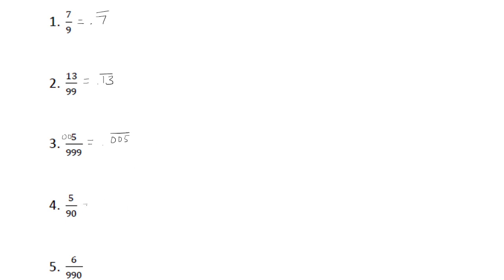For 4, we have a 90 instead of a 9 at the bottom. So first on the side here, we know 5/9 will be 0.5 repeating. But how do we go from 5/9 to 5 over 90? Well, we have to multiply by 1 over 10, which is equivalent to dividing by 10.